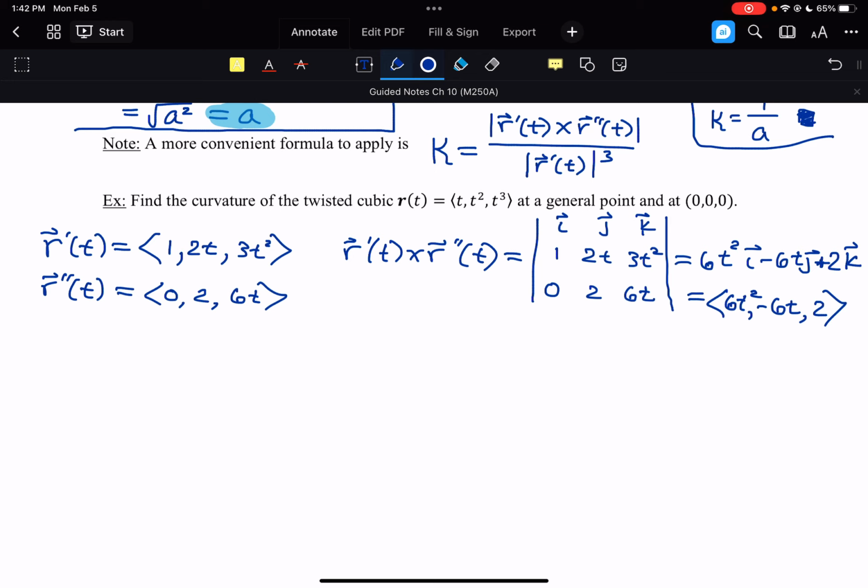All right, we need a couple of lengths here. So length of r prime, we're going to need for the denominator. So that's going to be the square root of 1 plus 4t squared plus 9t to the fourth. The length of the cross product is what we need for the numerator.